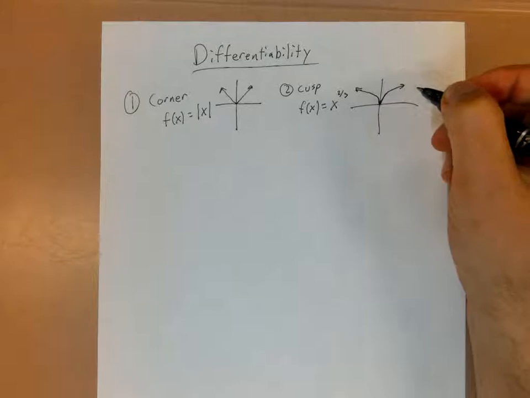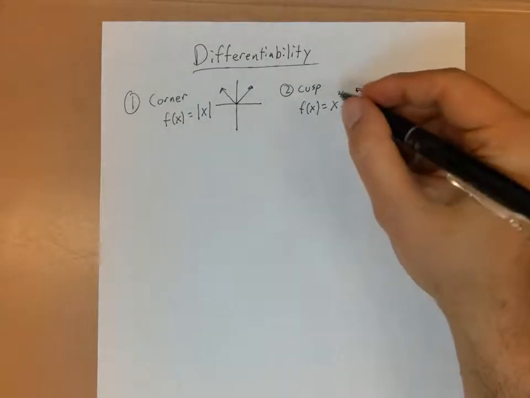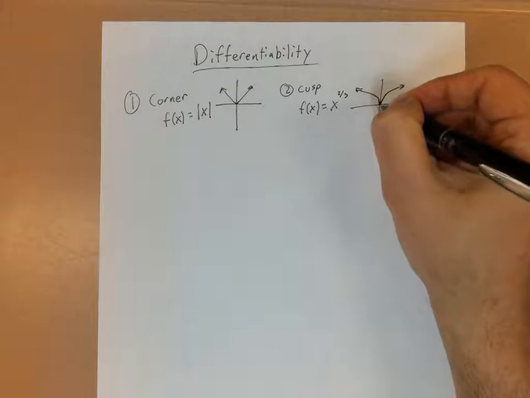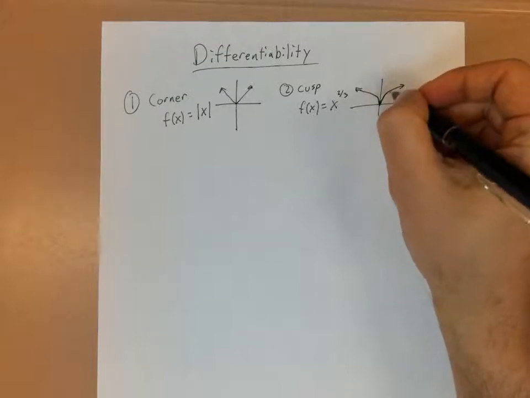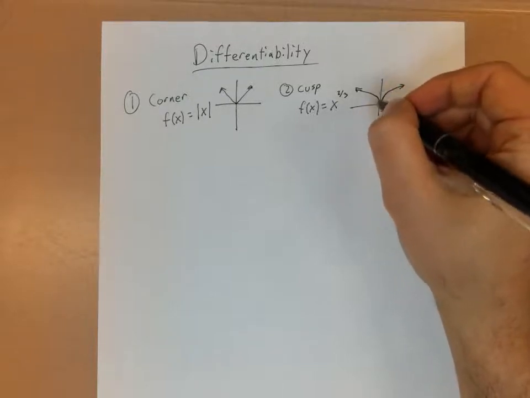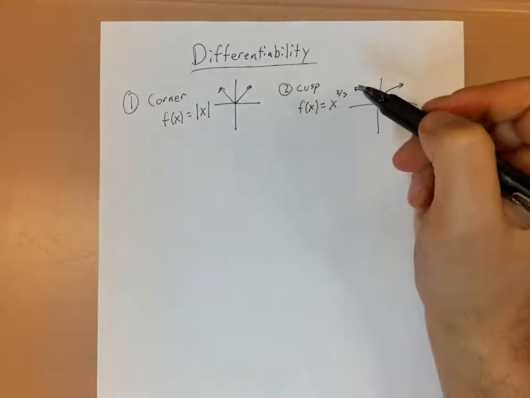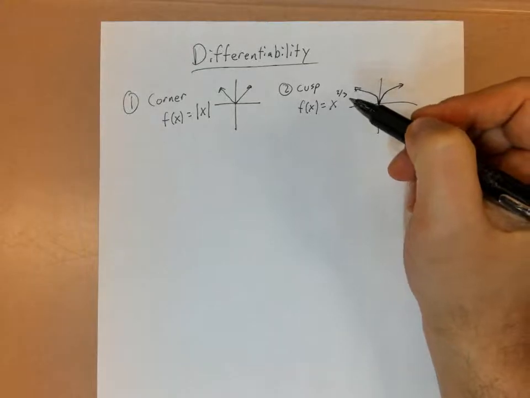So that's an example of a cusp, and again, it would not be differentiable at x equals 0. However, it is differentiable on all the other x values, both positive and negative. It's just at this specific cusp or at the corner where it would not be differentiable.